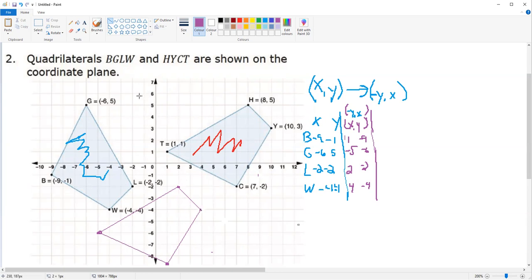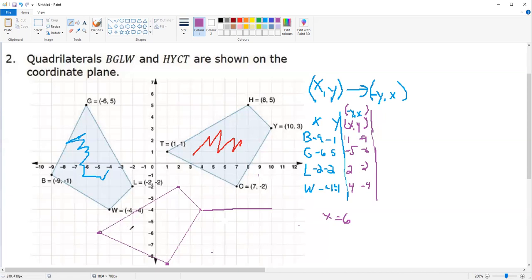All right, so now we have to translate some points over. To do this, I'm going to count: 1, 2, 3, 4, 5, 6. X is 6. So x equals 6. Let me double check. 1, 2, 3, 4, 5, 6. Oh, what's going on here?